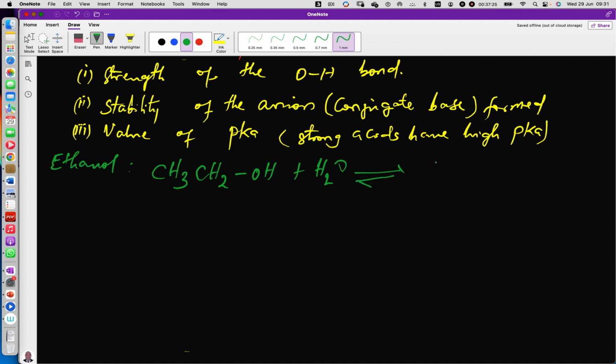In solution, it will give the ethoxide ion, that is CH3CH2O minus, plus the hydronium ion.